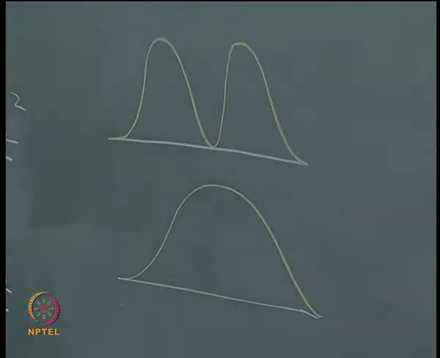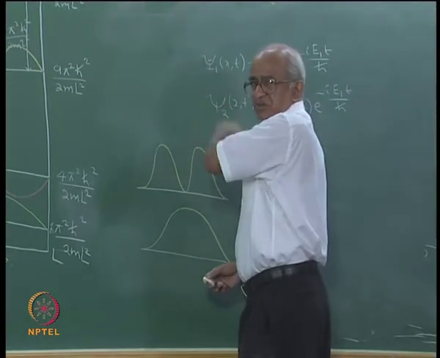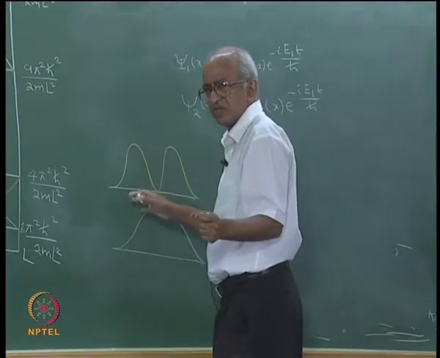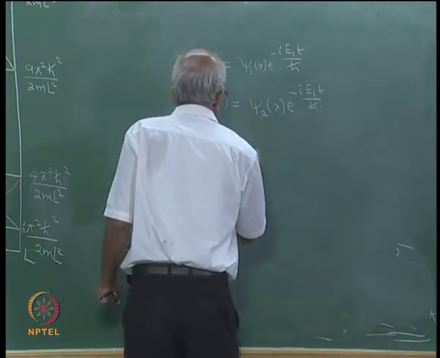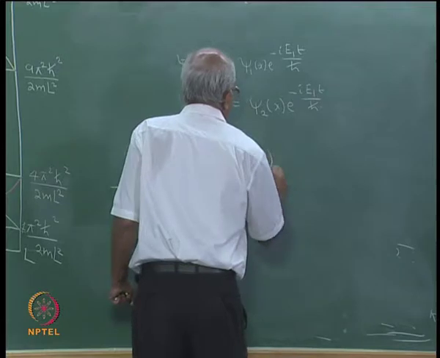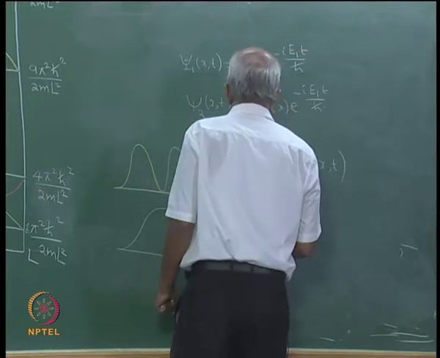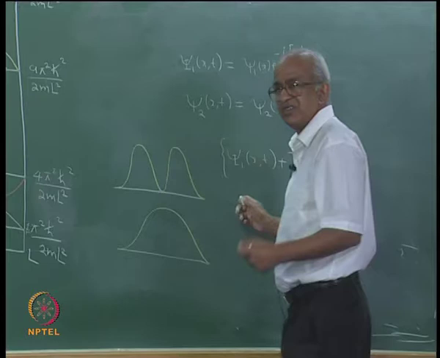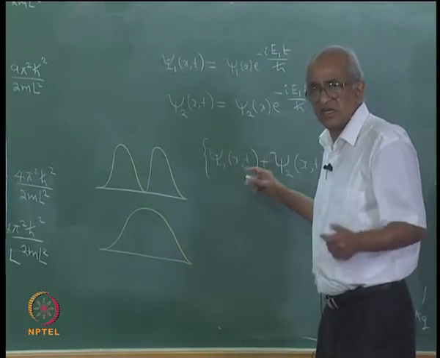But now suppose I think of a combination of these two. Suppose I multiply this by C1, this by C2, and add the two. Just to make things simple, I will say C1 is 1, C2 also is 1, so that I can just add it up. Actually, it will be more correct if I said that they are just added with the same amount of importance, but I always have to ensure that wave functions are normalized.